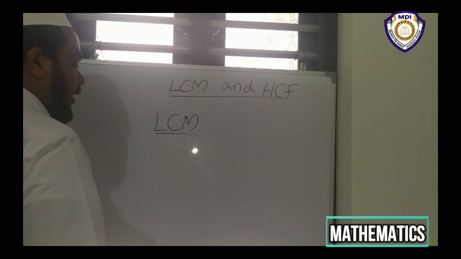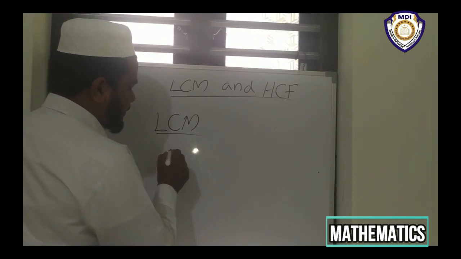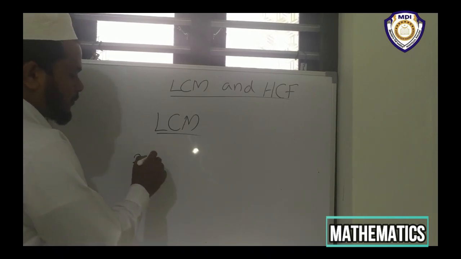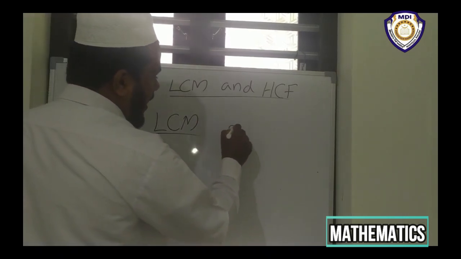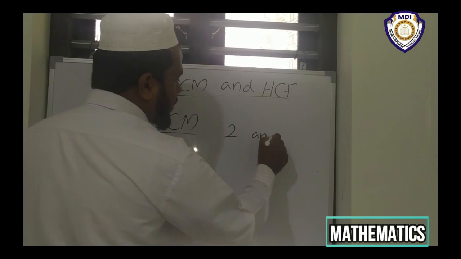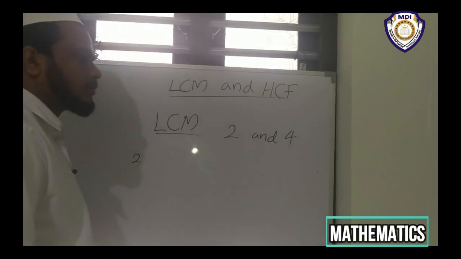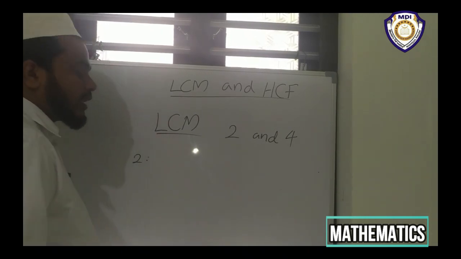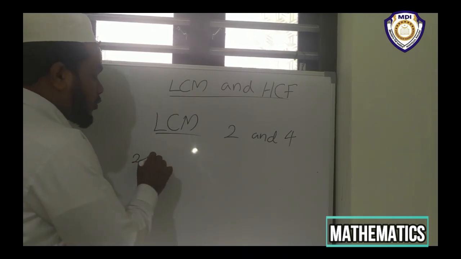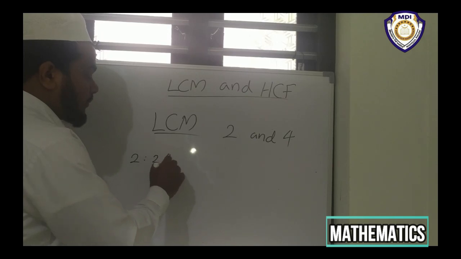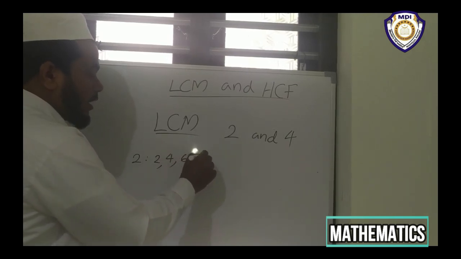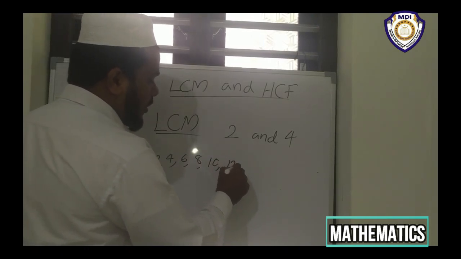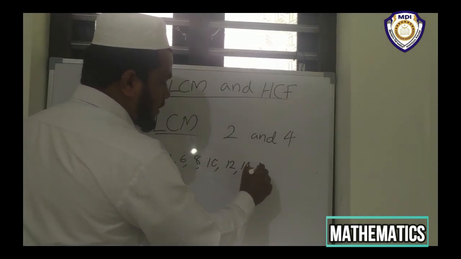Next, we can take a simple example. LCM of 2 and 4. What is the LCM of 2 and 4? First we have to find out the multiples of 2: 2, 4, 6, 8, 10, 12, 14, 16.